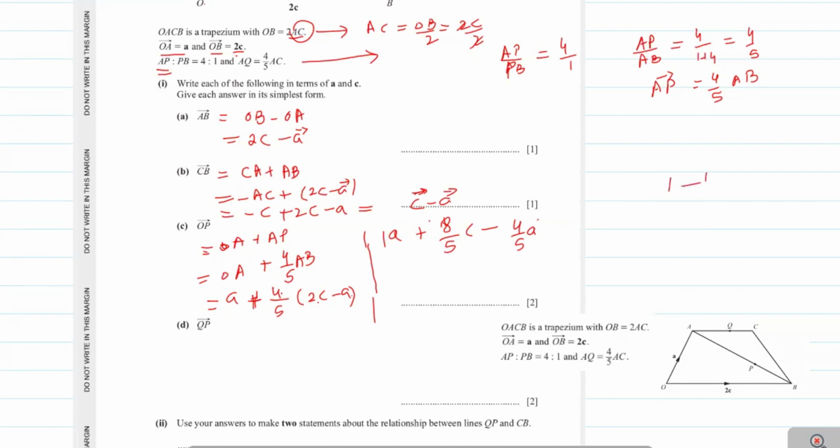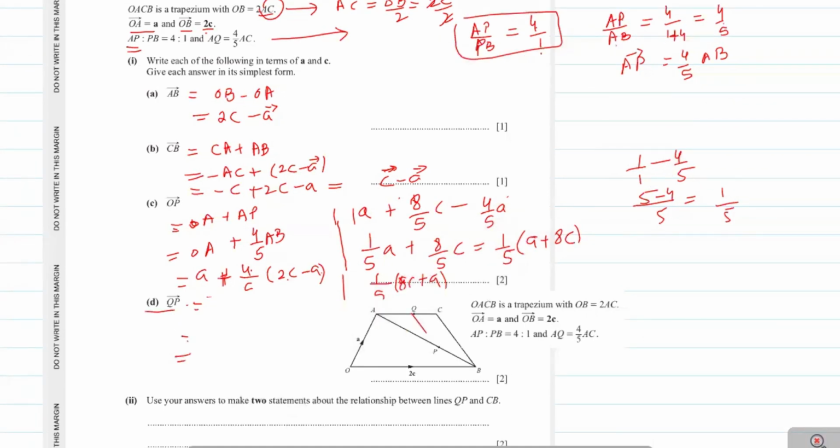We simplify this: 1 minus 4 over 5 is 5 minus 4 over 5, which is 1 over 5, so this is 1 over 5 a plus 8 over 5 c. We take the common 1 over 5 and this value becomes 1 over 5 (a plus 8c), and this is the answer.